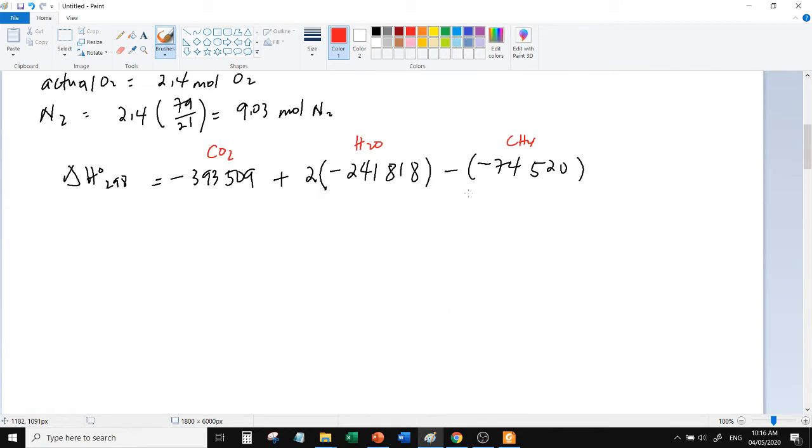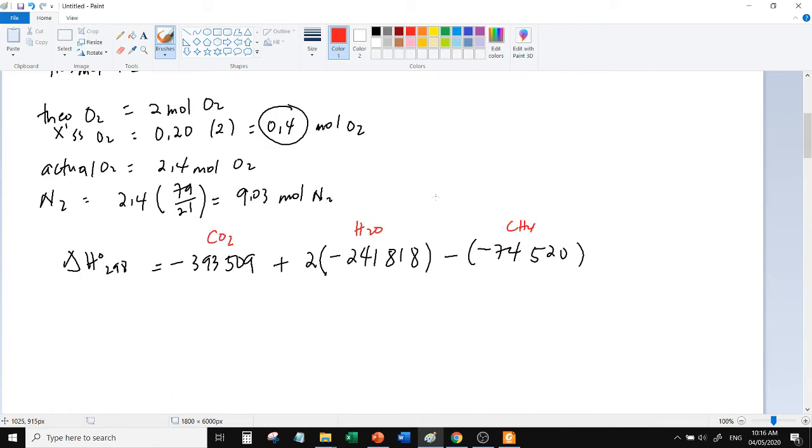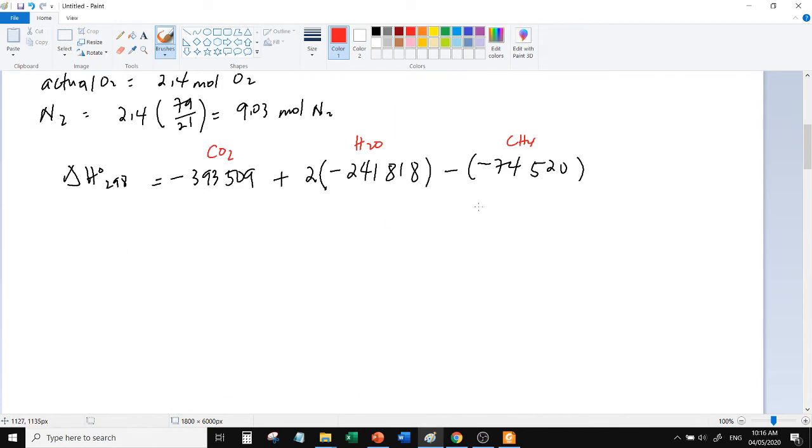So, multiplied by 2 yung H2O. Products minus reactants. Okay? So, masasolve mo dyan na standard heat of reaction ay yan.